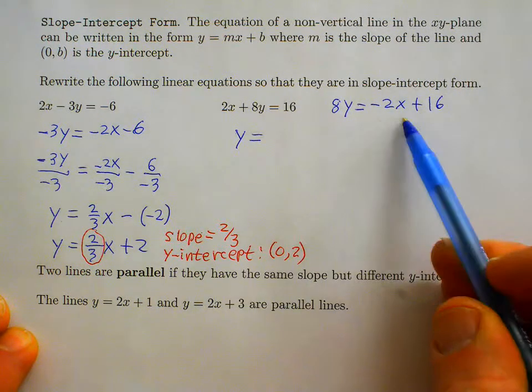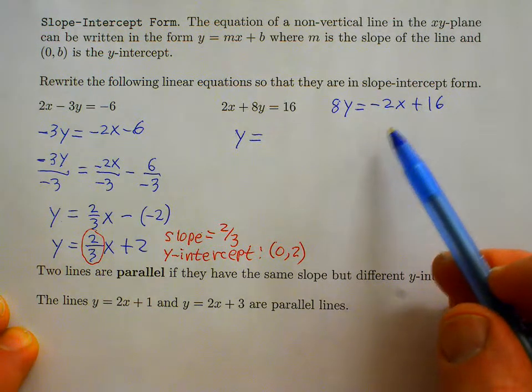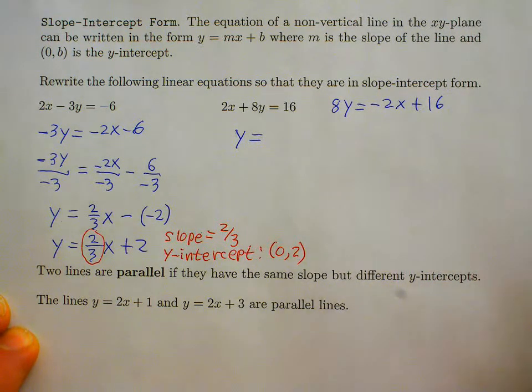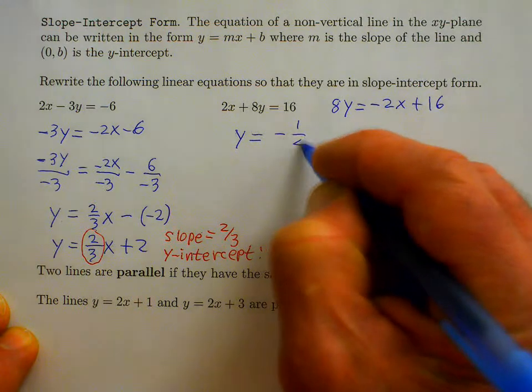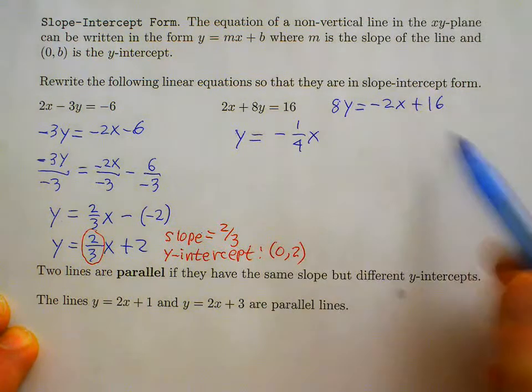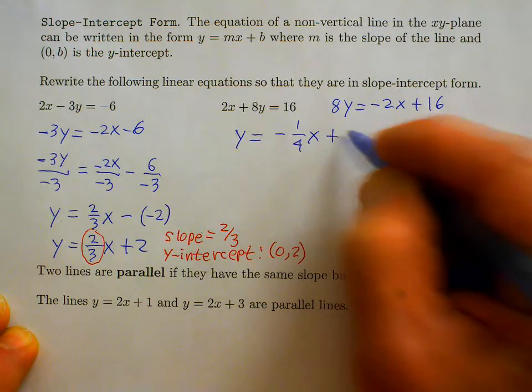Negative 2x divided by 8 is negative 2 over 8 x, but reduce negative 2 over 8 to negative 1/4. So we write negative 1/4 x. And then 16 divided by 8 is 2, so we get plus 2.